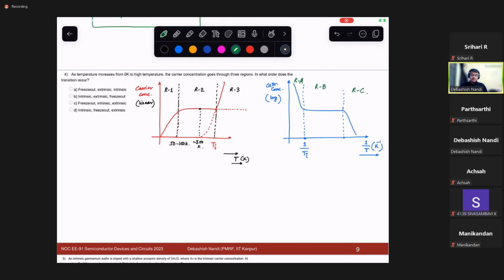Which plot have you seen? This is the carrier concentration versus temperature plot. You can unmute and tell me whether you have seen any one of them, and if you haven't seen it, that is also fine.